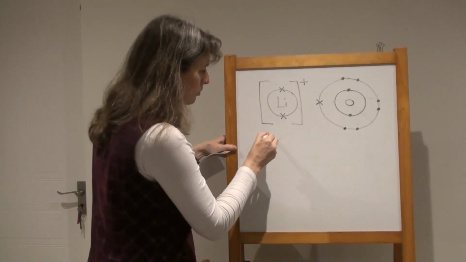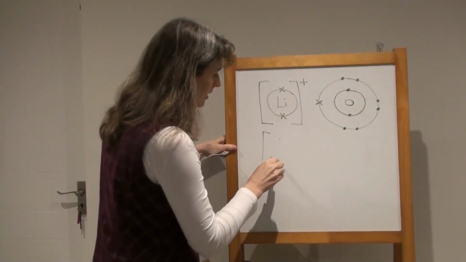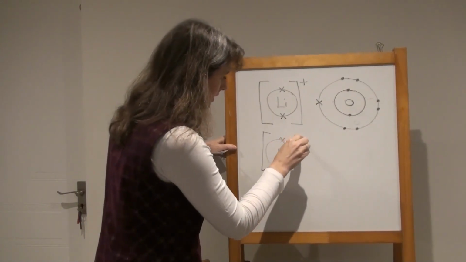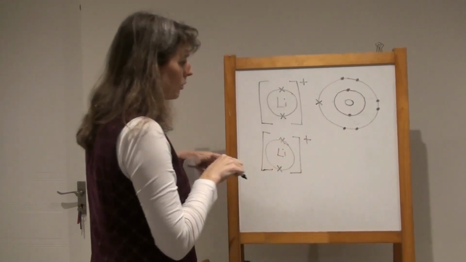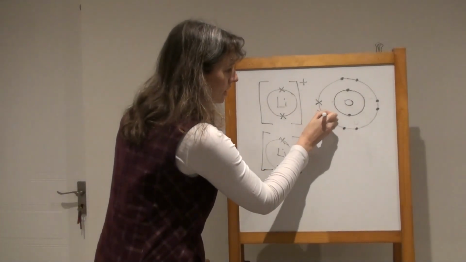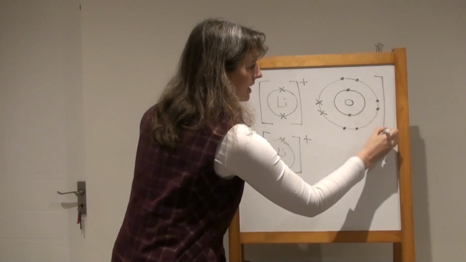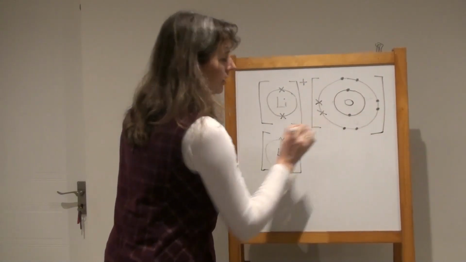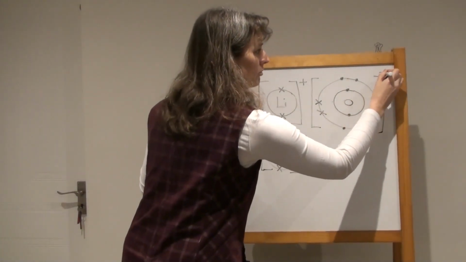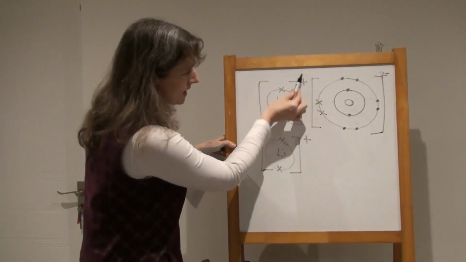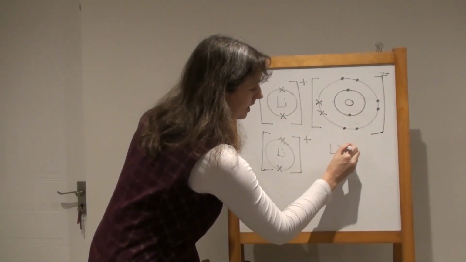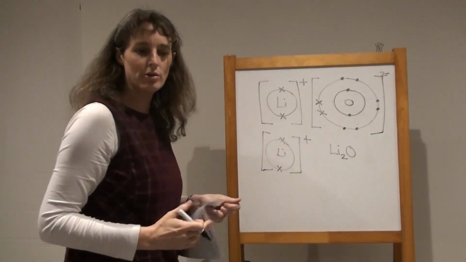That is why we need another lithium ion, which has given its outer electron from the atom into our oxide ion. So now that's got 2 electrons more than it has protons, and so the charge is 2 minus. The 2 positives are cancelling out with the 2 negatives, and so the formula Li2O has no overall charge.